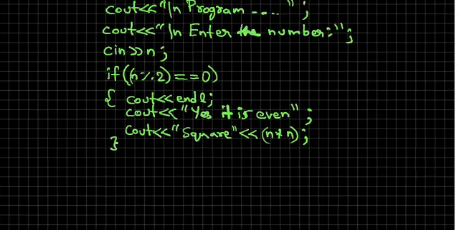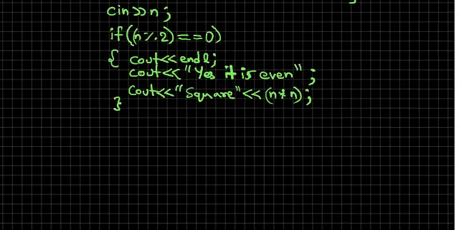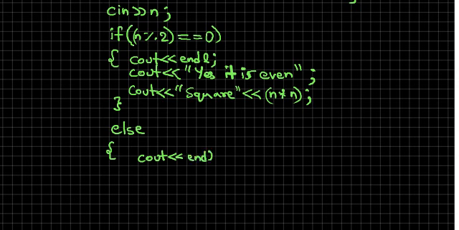If it is odd, else what should happen? Cout again endl to go to the next line while displaying the data on the screen. So here cout "Yes, it is odd". The next thing it should print is the number as it is.